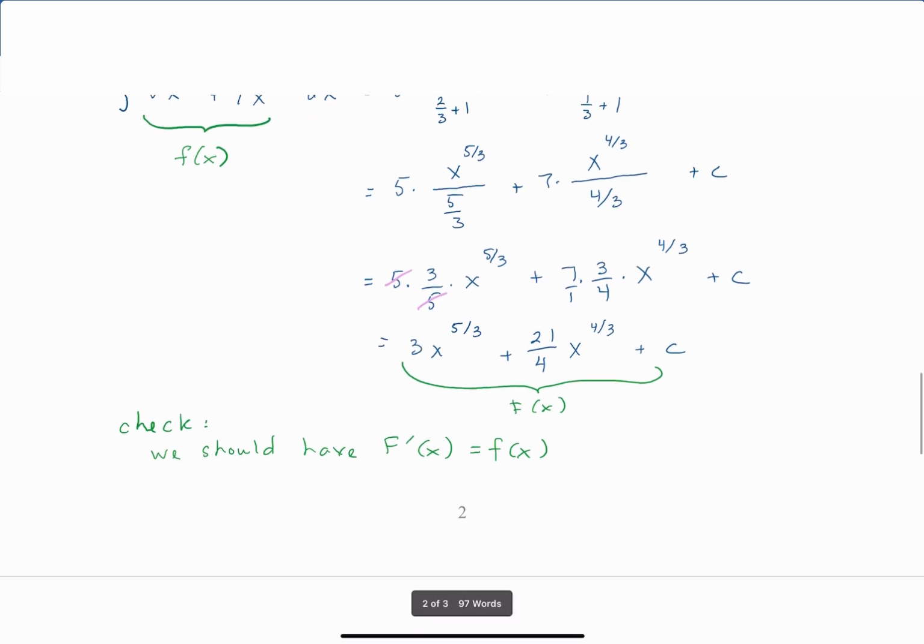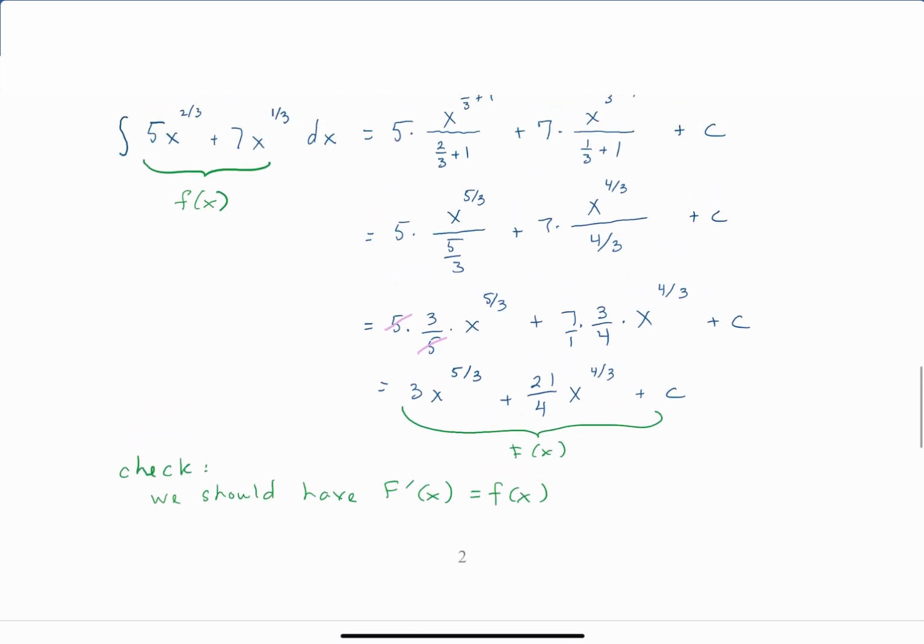Okay, so we're just going to check that the derivative of 3x to the 5/3 plus 21/4 x to the 4/3 plus c, that derivative should work out to be the original function. So let's just differentiate.